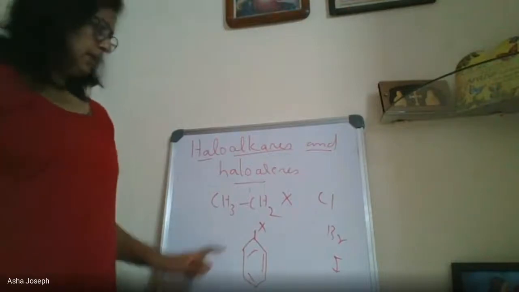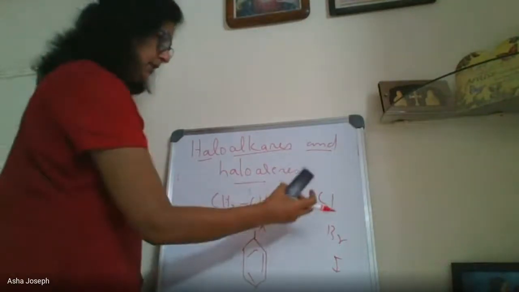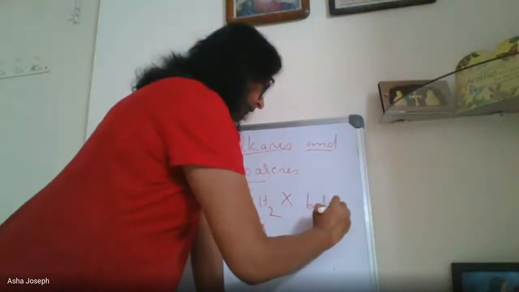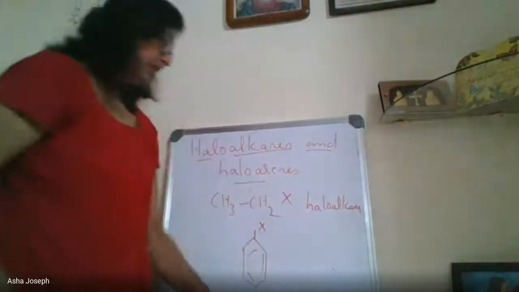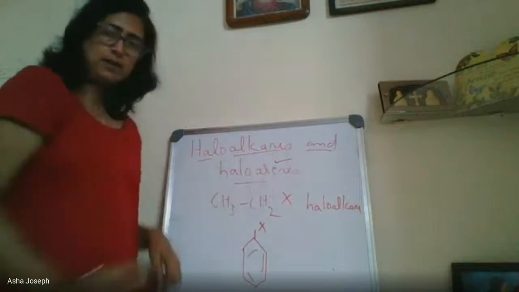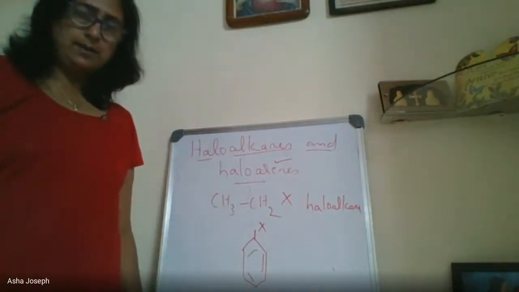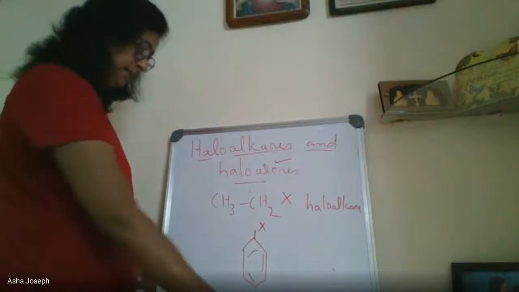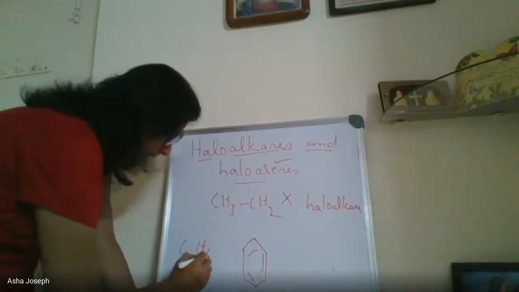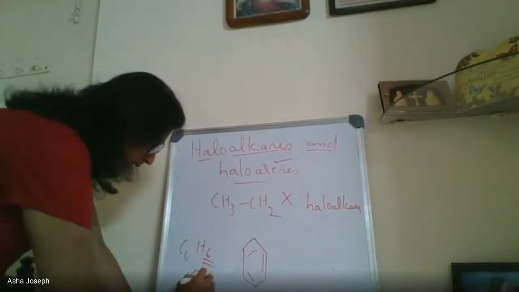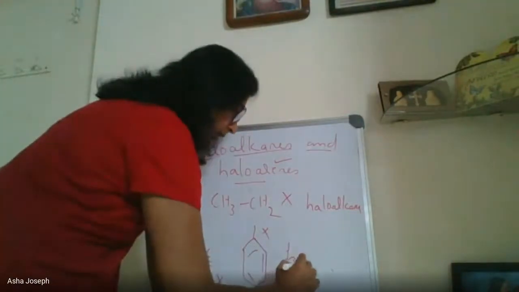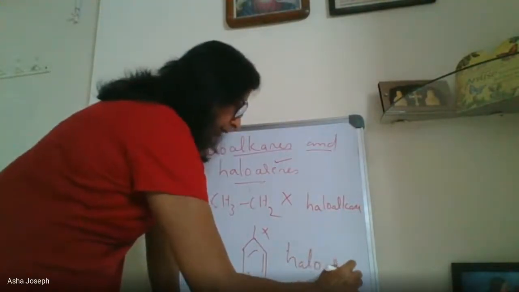Then you get a haloalkane. So next is haloarenes. Arenes are aromatic hydrocarbons, for example benzene, C6H6. If I replace one H by a halogen, I will get a haloarene. Clear?